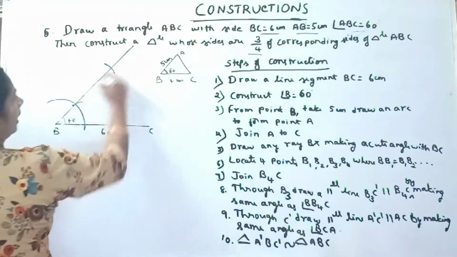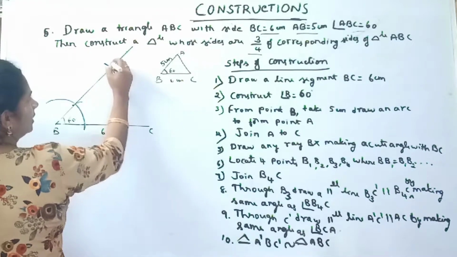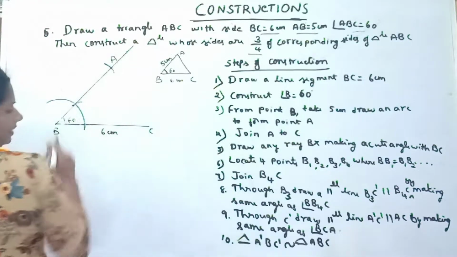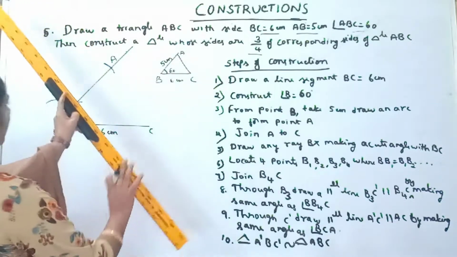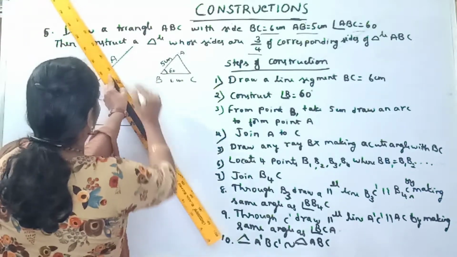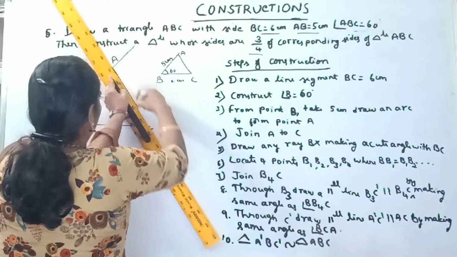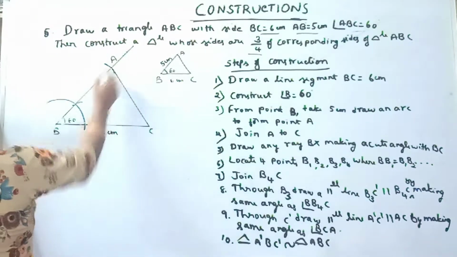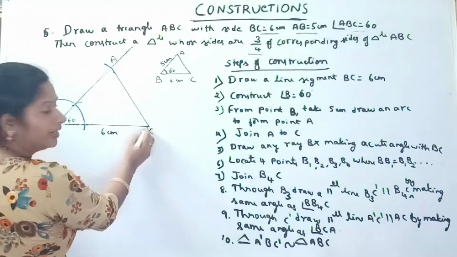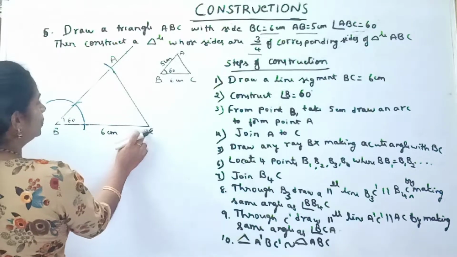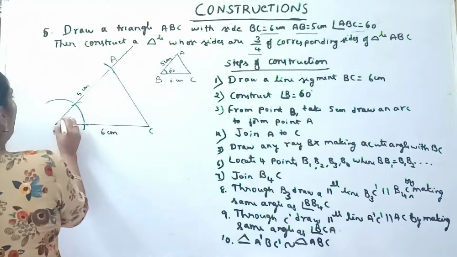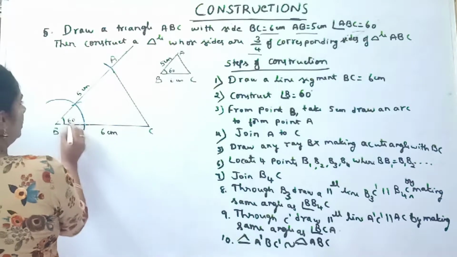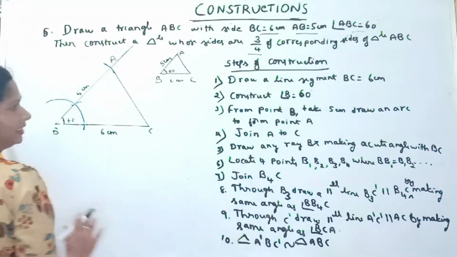Where the angle line and arc intersect, name that point as A. Next step, join A and C. Now ABC is the required triangle of side BC equal to 6 cm, AB equal to 5 cm and angle ABC equal to 60 degrees.